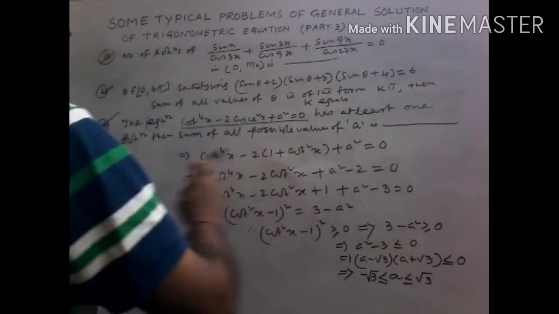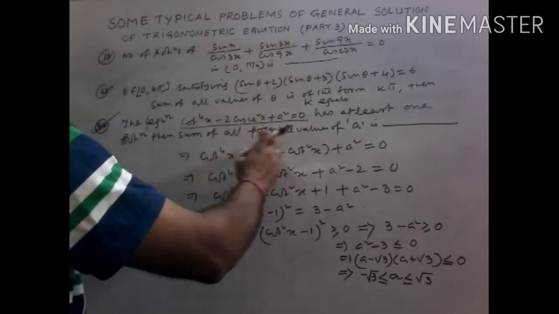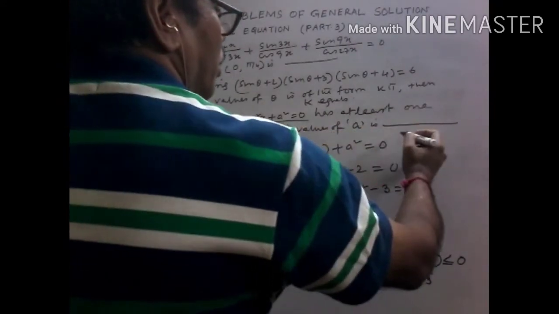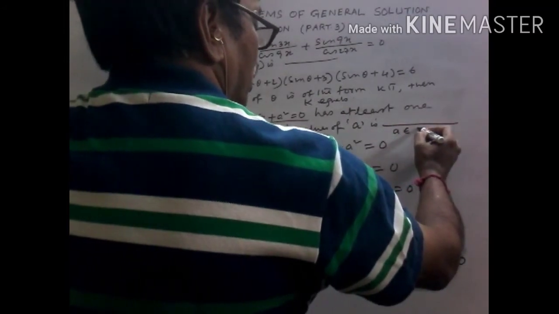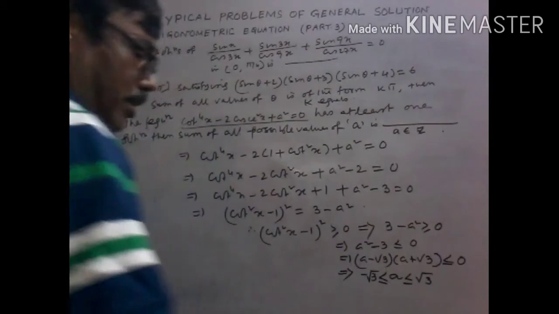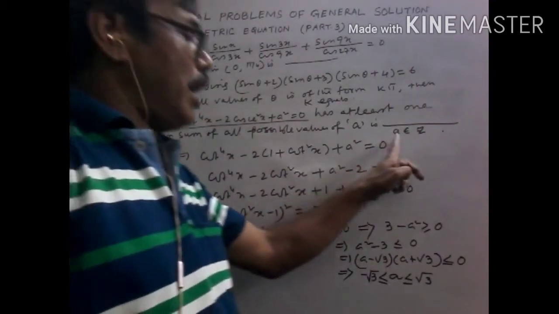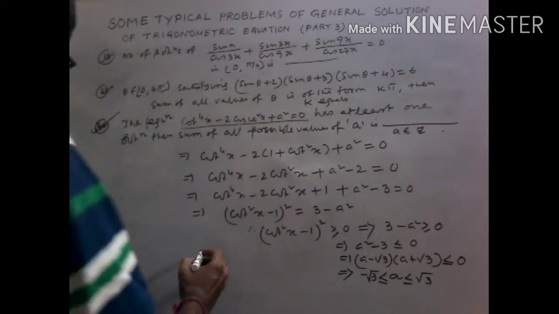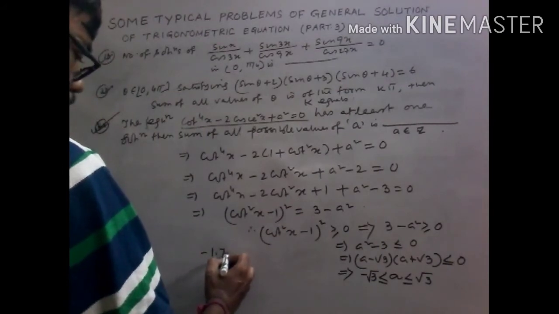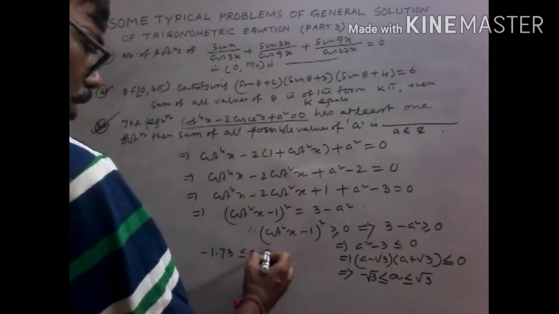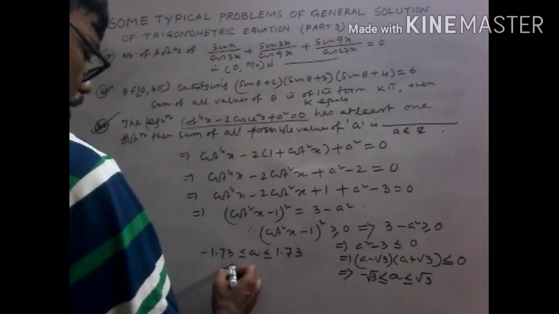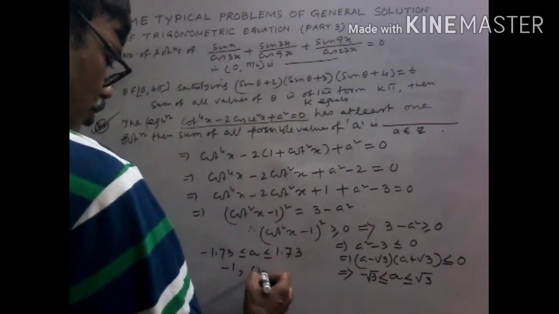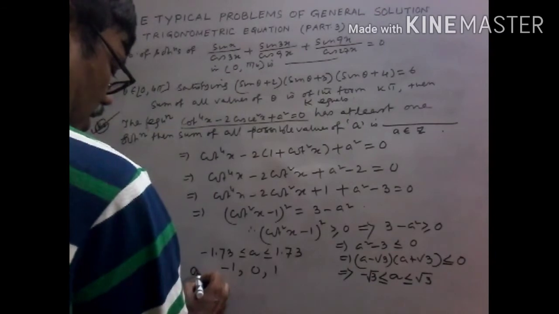So the equation has at least one solution. Then sum of all possible values of a. So there is a restriction, a must be integer, a belongs to Z. So if a is in Z, what are the values? Minus 1.73 less than or equal to a, less than or equal to 1.73. So integers are minus 1, 0, 1.